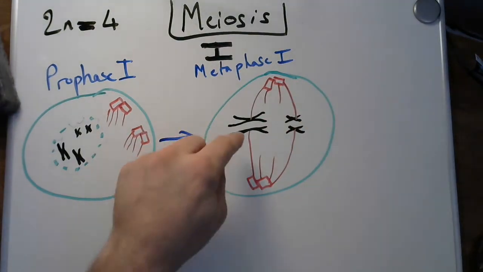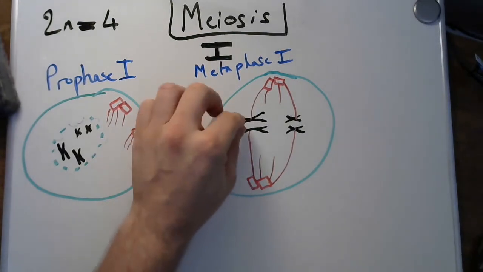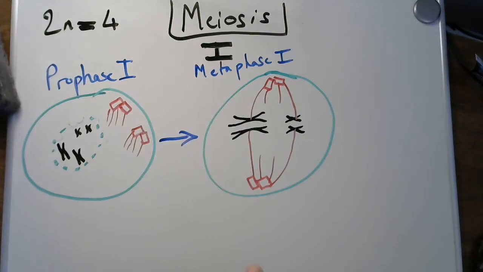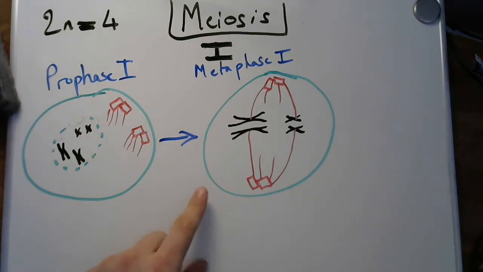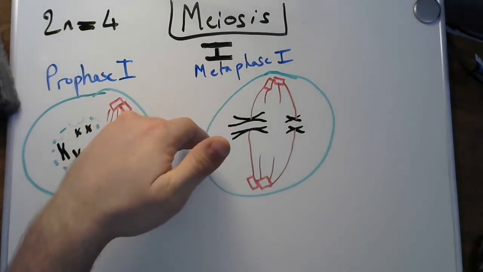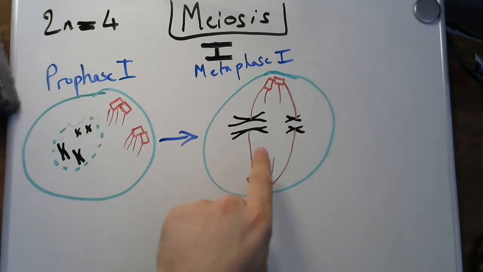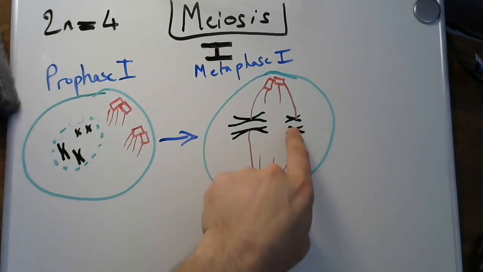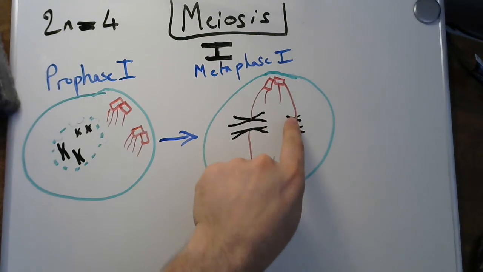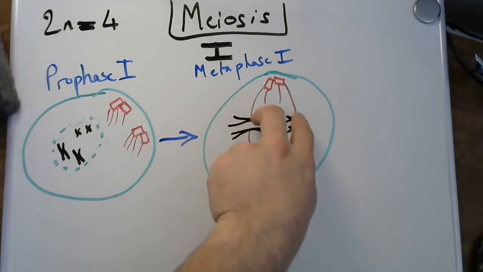In meiosis, they attach to one of the homologous pair only, because it's going to pull those homologous pairs apart. Remember, metaphase 1 is prepping for anaphase 1, so meiosis 1 is about separation of the homologous chromosomes. In mitosis, all of those would be aligned in one line in the middle, and you would separate the sister chromatids, which you don't here. So the spindle fibers reach the centromere of only one of the pair per side. So that side takes one of each pair, and that side takes one of each pair.